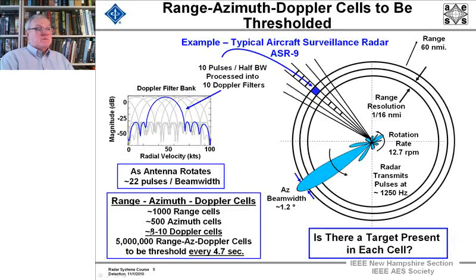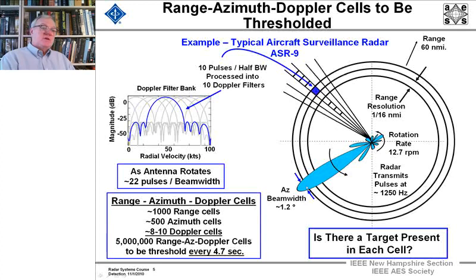And we'll have about 10 Doppler cells. Some radars use 8, some 10. And that gives you 5 million range azimuth Doppler cells, approximately, order of magnitude, every 4.7 seconds, about 5 seconds. So that's an awful lot of decision making to do.